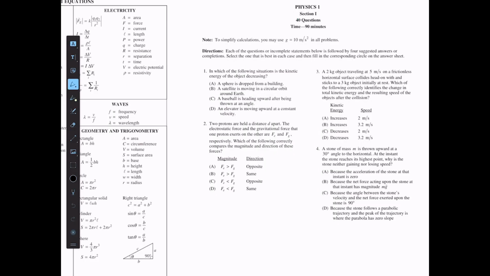But we can bring graphing calculators, right? Physics. Yeah. Hold on.